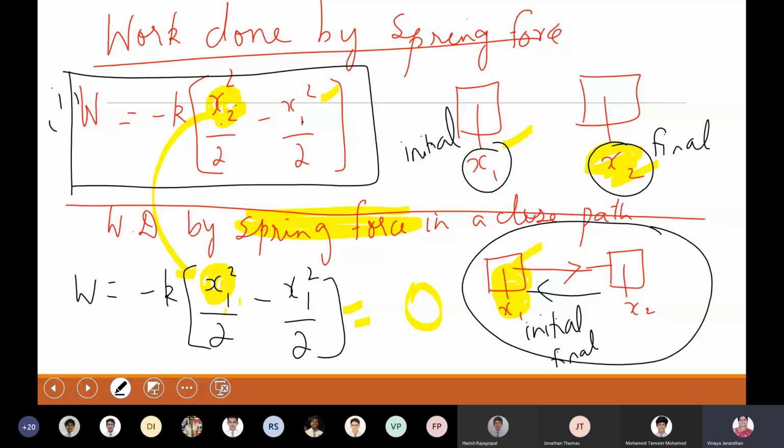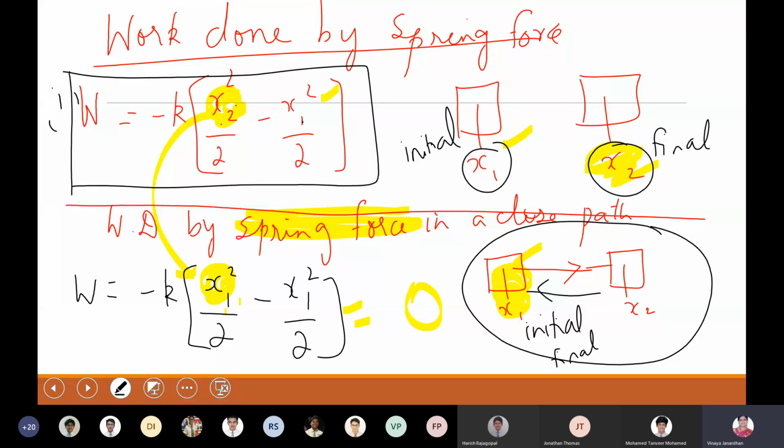But here your force itself is not a constant force. It's a variable force. When we introduced work done, if it would have been a constant force, then I could have used W is equal to Fs cos theta. Now, why is it that we went for integral calculus?